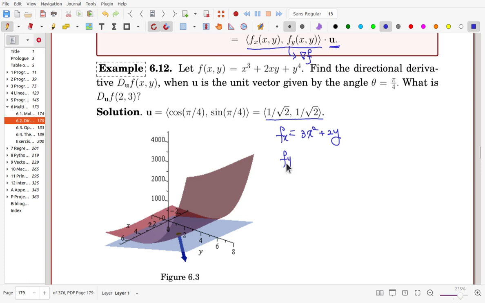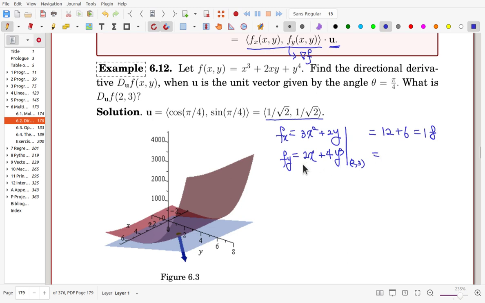For f sub y, the y derivative, the first term becomes 0 because we consider x as a constant, then 2x, and 4 times y cubed. Now we set the point (2, 3): x is 2, y equals 3. From f sub x, x equal 2 gives 12, and y equal 3 gives 6, so that is 18.